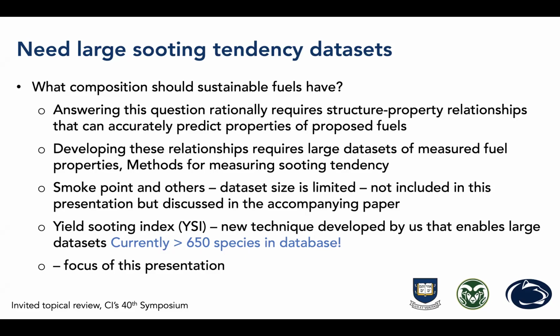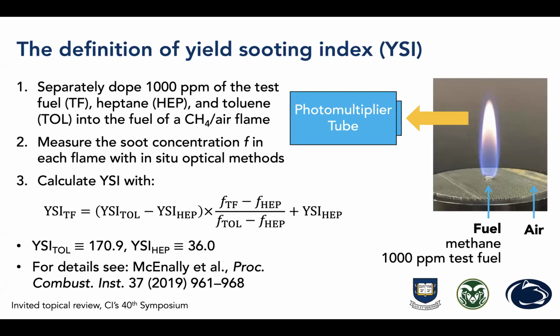Our technique, yield sooting index, is a new technique that allows large data sets. For example, there's currently over 650 species in the database, and that's the focus of this presentation. So first, we need to define what yield sooting index is. We take a methane flame and we dope 1,000 parts per million of the test fuels.